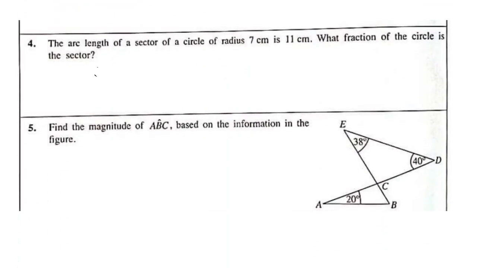Let's see the fourth question. The arc length of a sector of a circle of radius 7 centimeters is 11 centimeters. So what fraction of the circle is the sector?